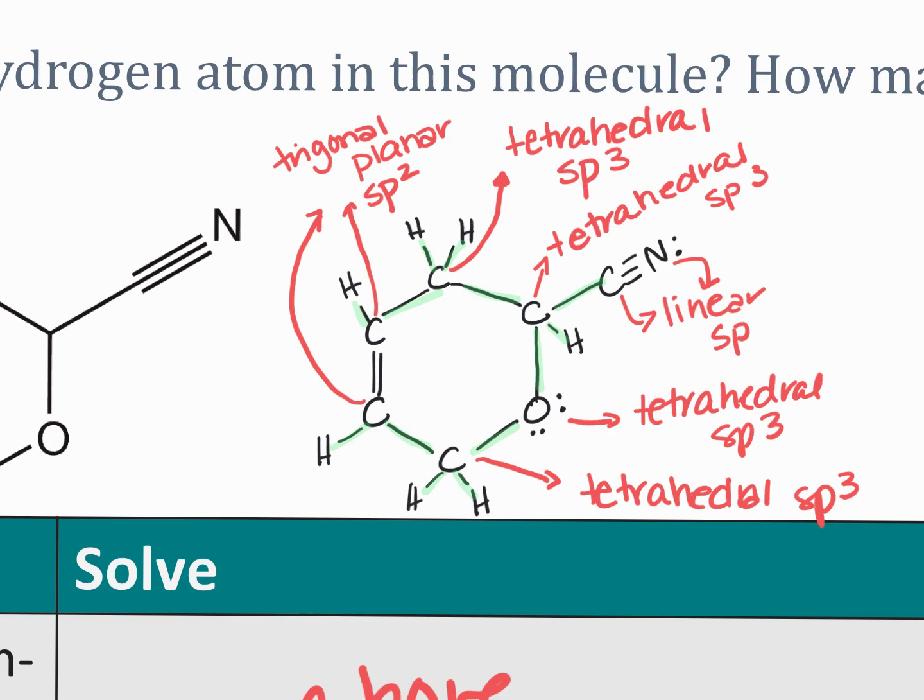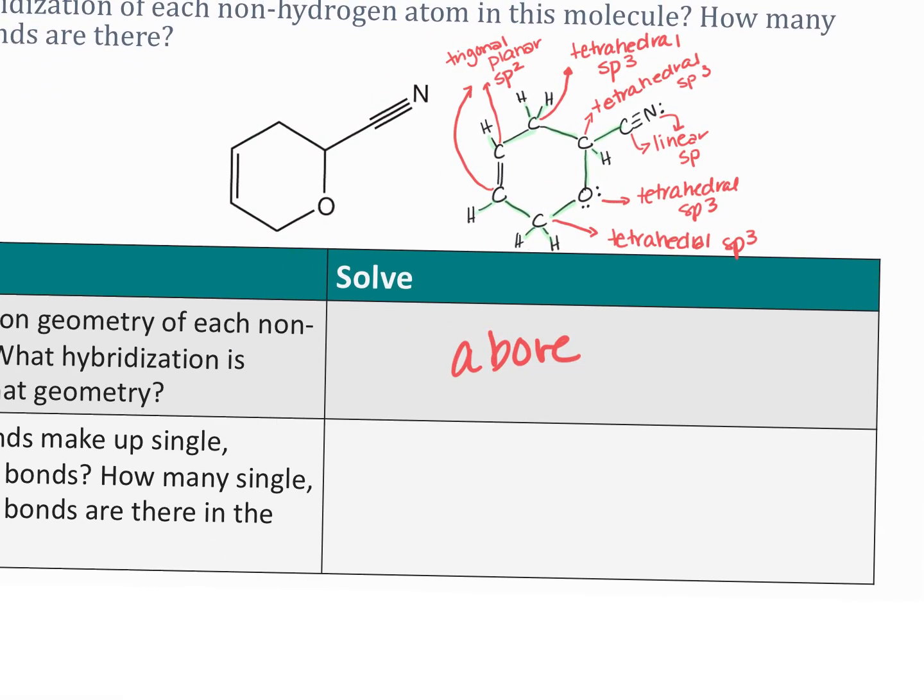We have 13 single bonds, okay, and they're highlighted in green. And we know that single bonds are sigma bonds. So we know from just the single bonds, we have 13 sigma bonds.